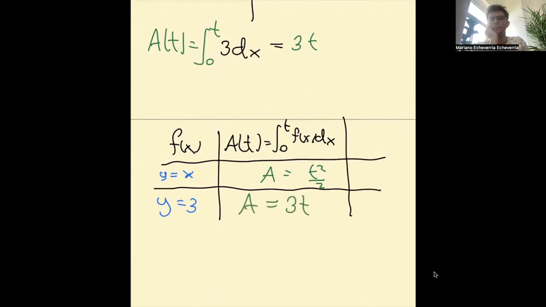So, maybe some of you have seen it before, but do you see any sort of relation between the two columns?